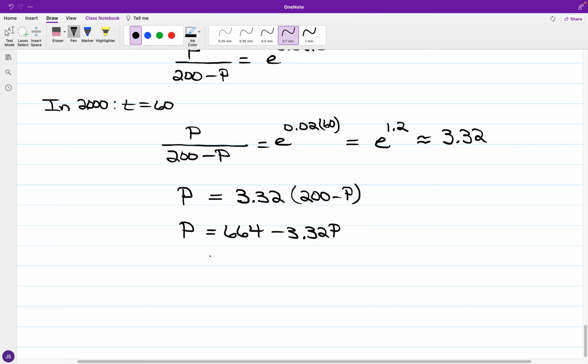And if we combine like terms together, you have 4.32p is equal to 664. And if I divide by 4.32, we have the population. This is going to be right at 153.7 million.